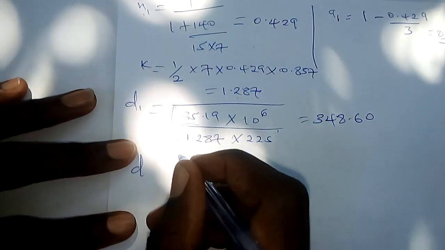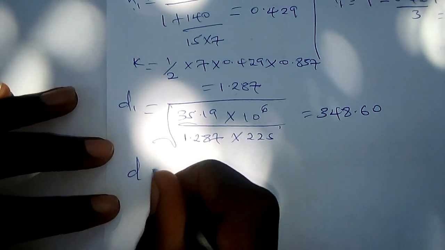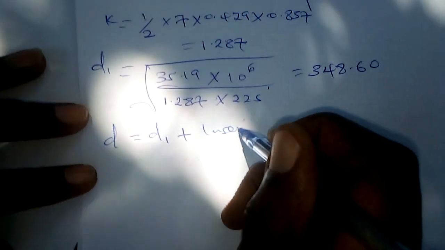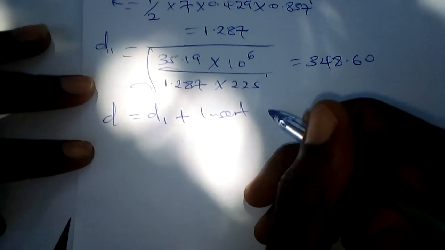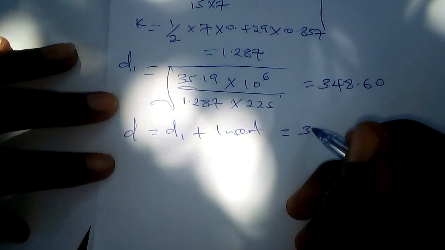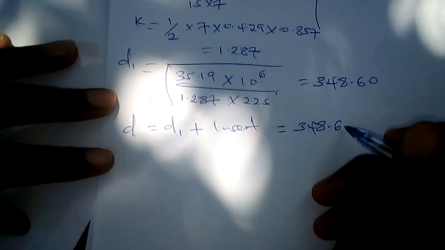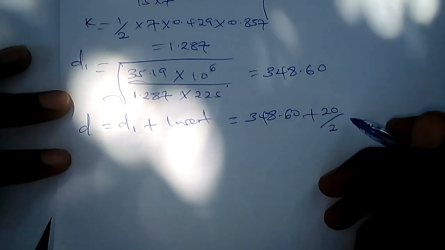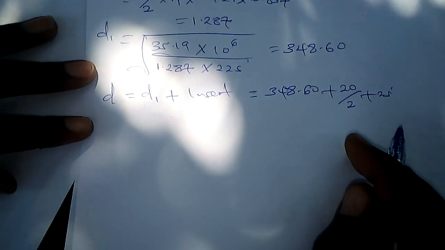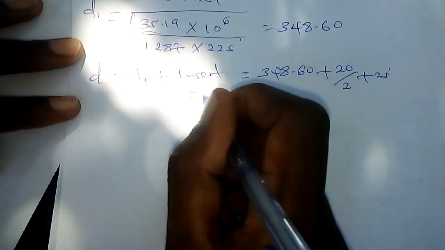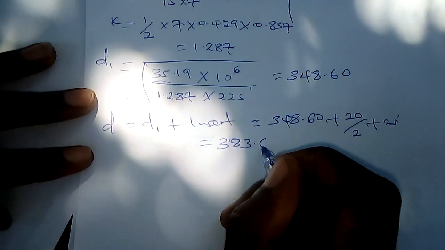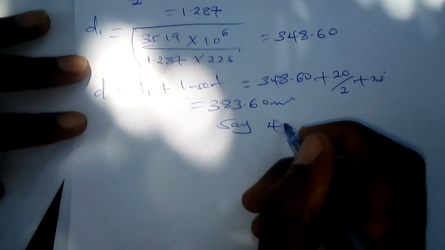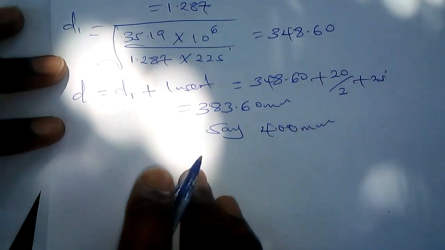So let us find the D overall. D overall is equal to d plus d1 plus insert. And insert we have, which is 348.60 plus 20 bar diameter over 2 plus 25 cc, that is concrete cover, is going to be 383.60 millimeter. So just say 400 millimeter.